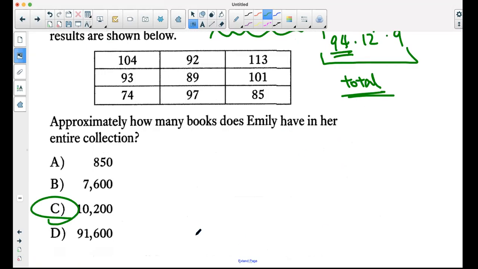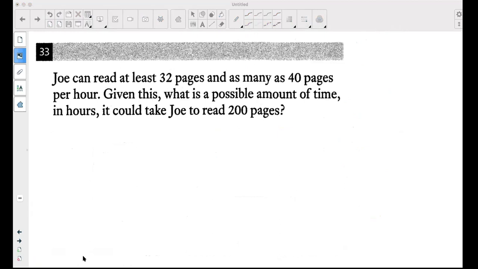Number 33. Joe can read at least 32 pages and as many as 40 pages per hour.